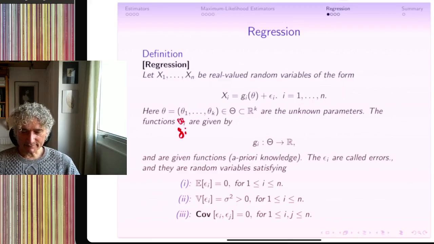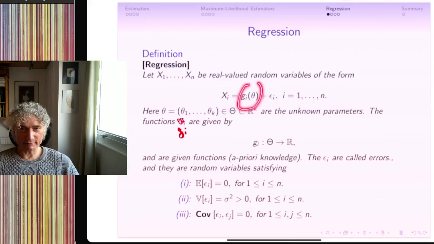Now the errors epsilon i themselves are random variables. They have to be random variables, otherwise x i would be deterministic, because g i is a purely deterministic function. They are called errors, and they have to satisfy three conditions.